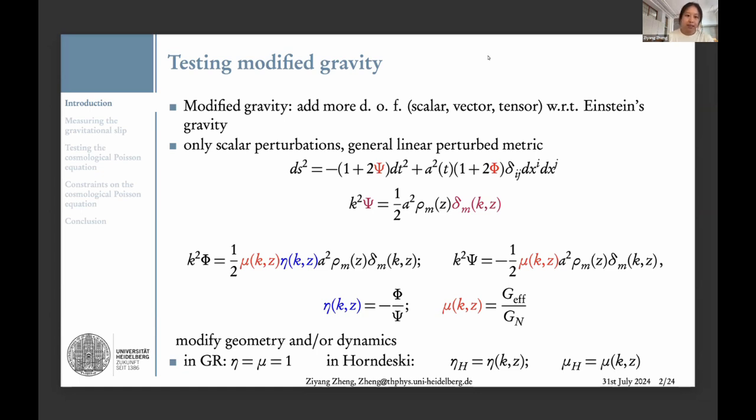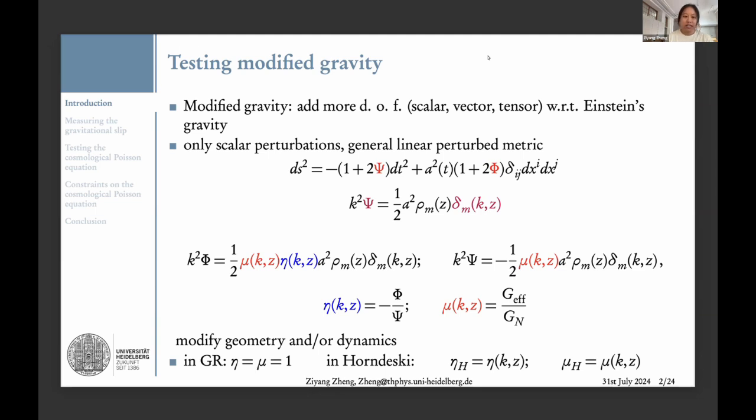If we only consider scalar perturbations, the most general perturbed metric in the Newtonian gauge reads as follows, with the 2 scalar degrees of freedom quantified by these 2 geometrical perturbations, these 2 free functions, psi and phi. If you put these 2 functions into Einstein's field equation, what you get is essentially the cosmological Poisson equation, which tells you how matter falls into the gravitational potential.